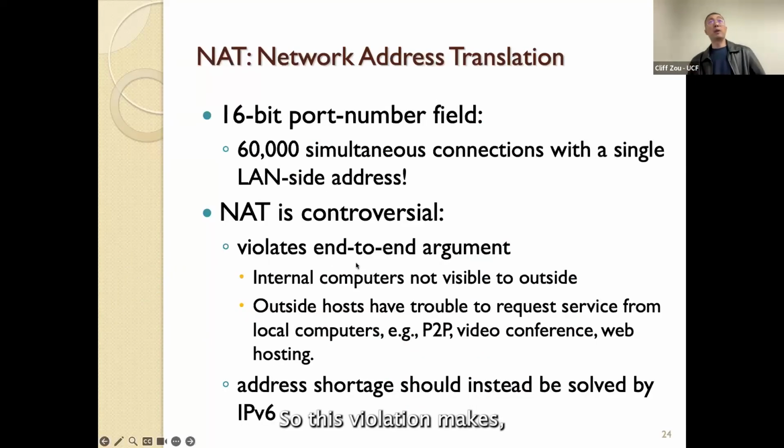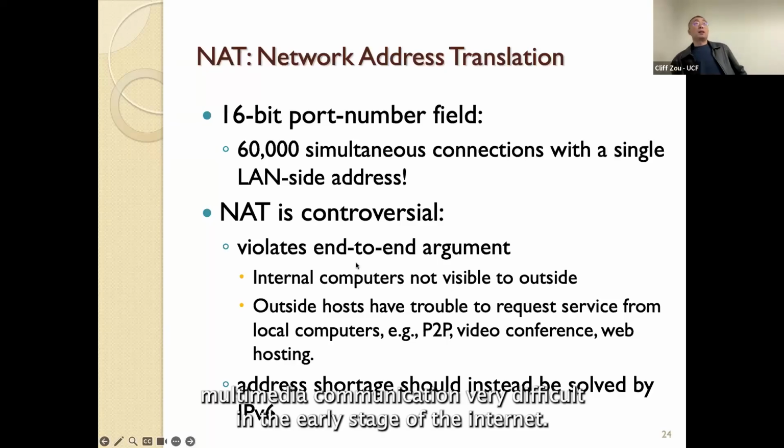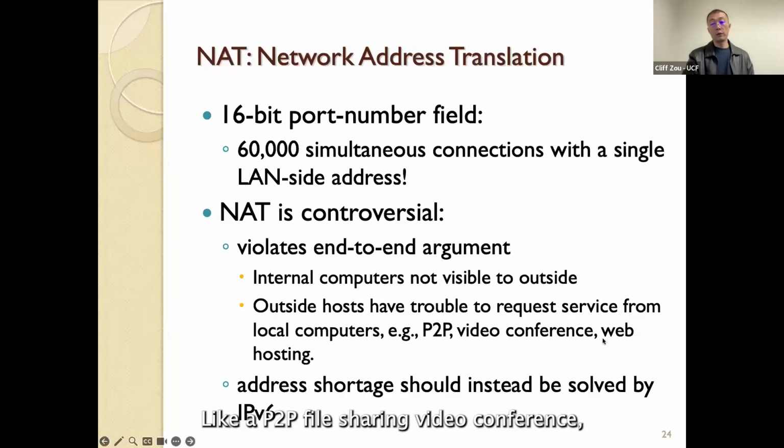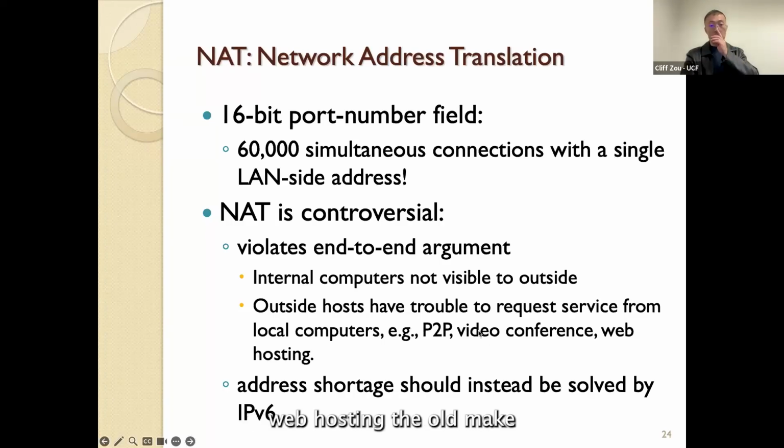This violation made multimedia communication very difficult in the early stage of the internet, like P2P file sharing, video conferencing, and web hosting. They are all difficult to do with this NAT device.